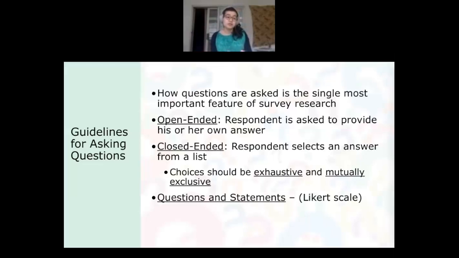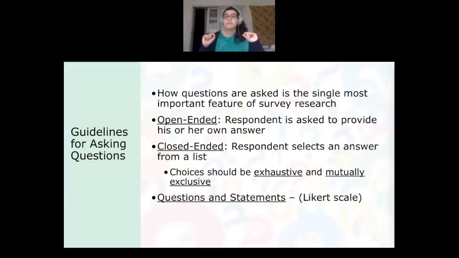And then there's questions and statements. Sometimes a question will be framed as, in the past month, have you done this behavior? No, not at all on one side, and then yes, very frequently. And so there's a spectrum in between, and that's called a Likert scale. So there's varying degrees on a range.